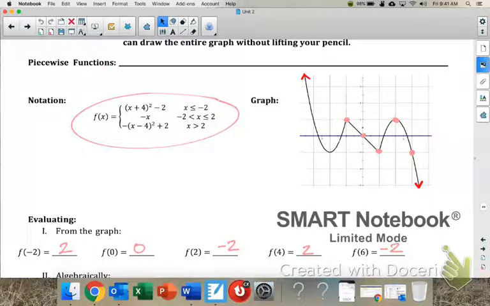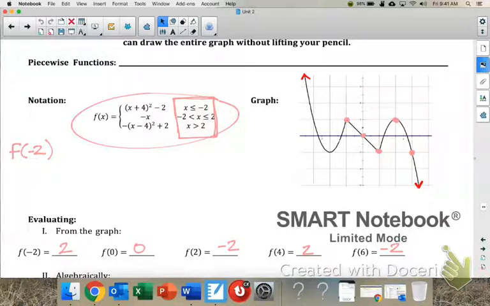You should also be able to do the exact same thing from the equation. And now you can see this on your paper. I'm going to keep my graph and my page here so that you can kind of see what's going on. To evaluate f of negative 2, I have to check out these restrictions right here. And I have to make sure that I pick the section that my x value fits into so that I get the correct answer.